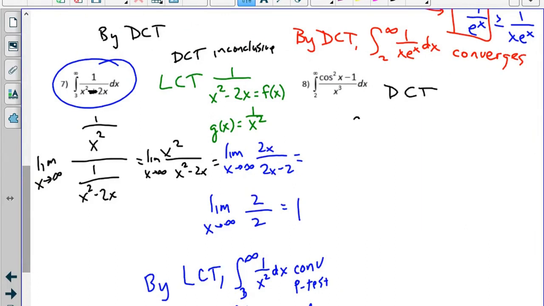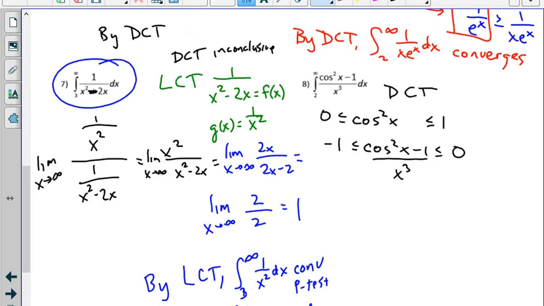The direct comparison test, so if we subtract 1 from everything, cosine squared of x minus 1 looks like this, and then we divide by x cubed, that ends up looking like this.